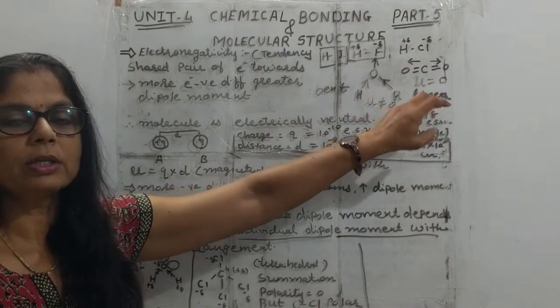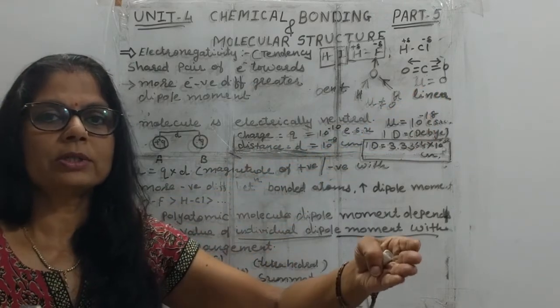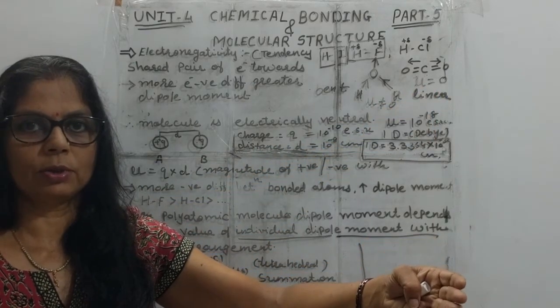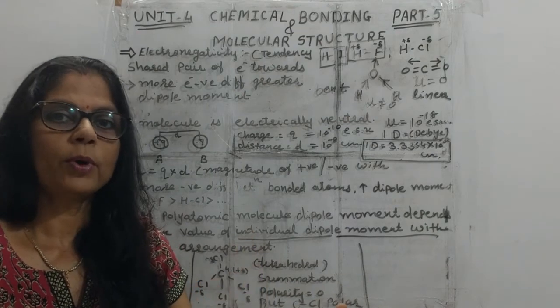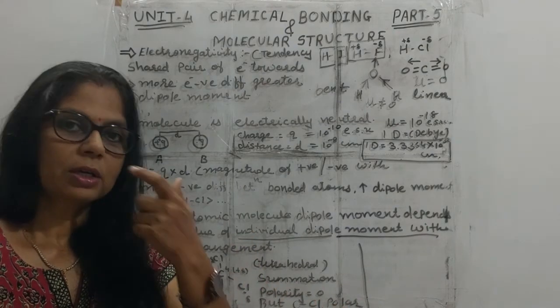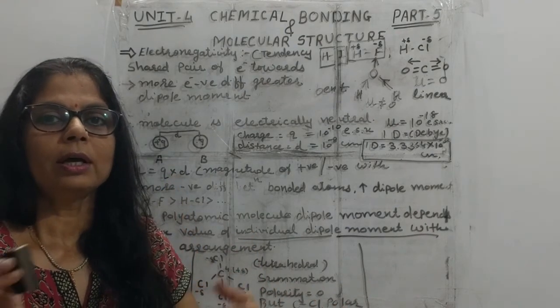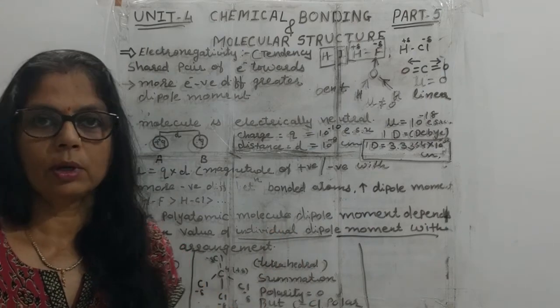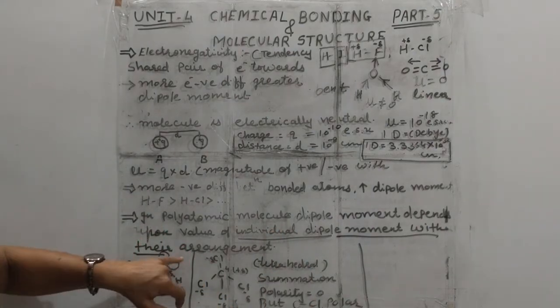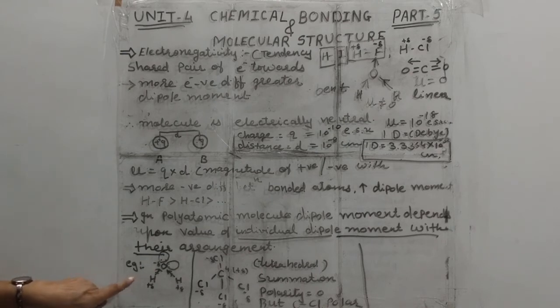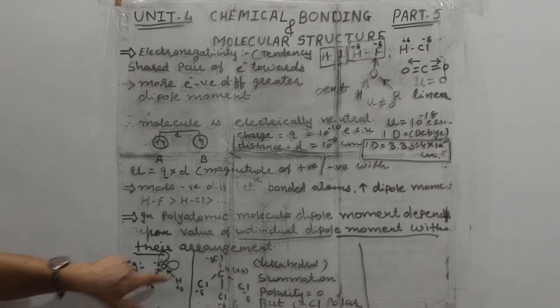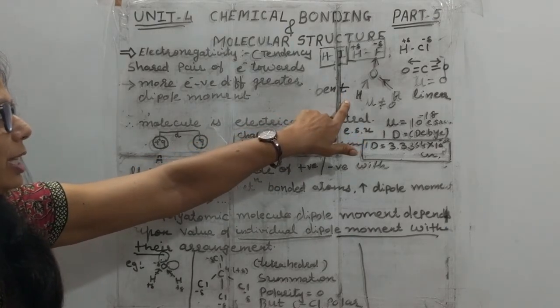So in the dipole moment, one is more positive and another one is less positive, so the more positive will give the electron to the less positive atom. But here it is different, student. Here again I have given the example of H2O, which I had already explained to you.